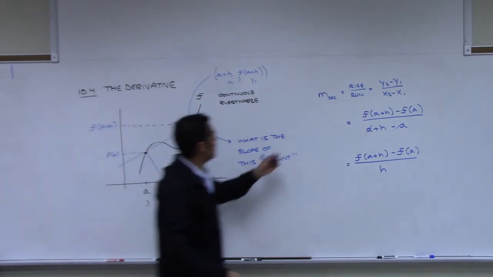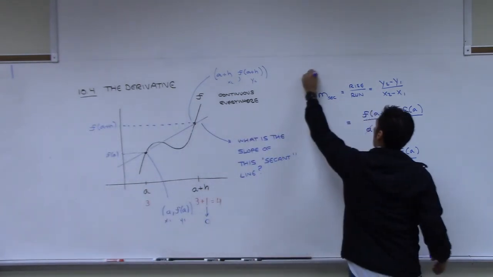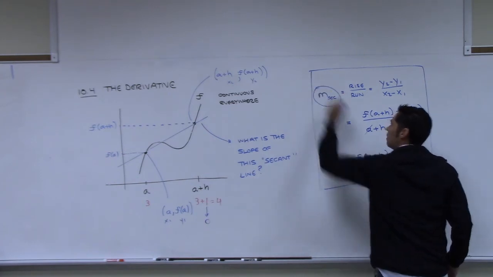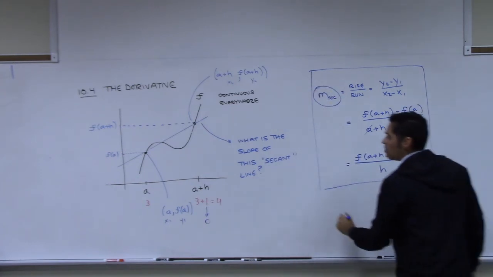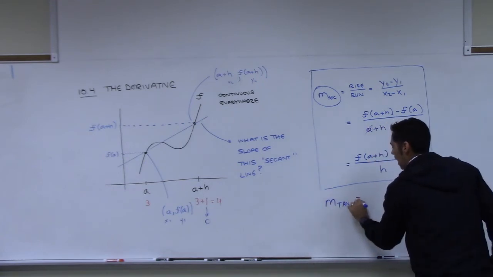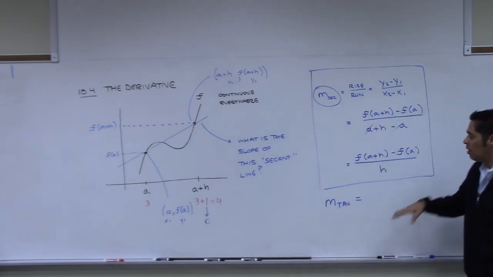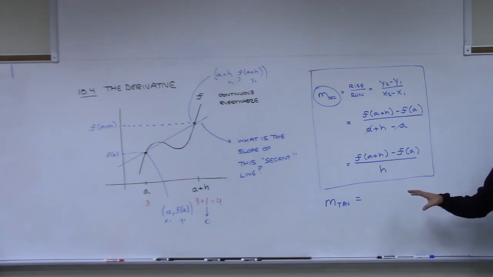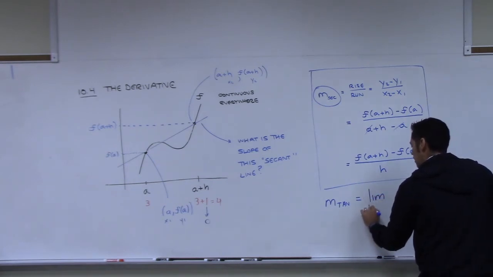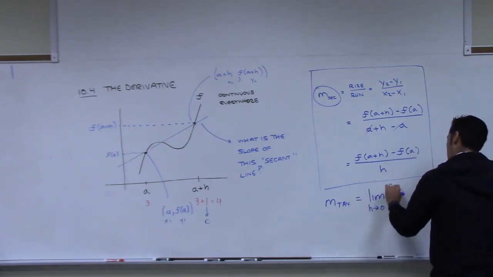So this right here gives us the slope of the secant line. But if I want to know the slope of the tangent line, that's our goal, the only thing I need to do is let h go to 0, right? So I'm going to rewrite this formula, but in front of it, I'm going to write the limit as h goes to 0 of this.